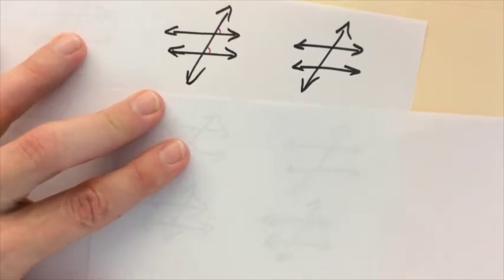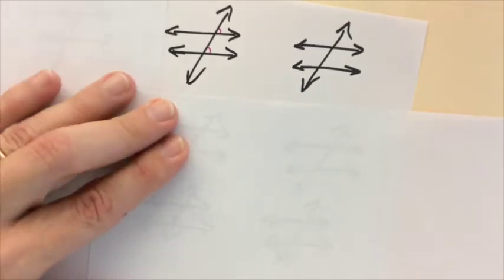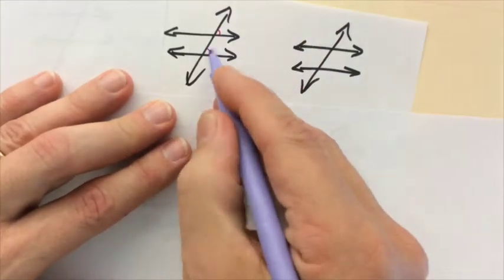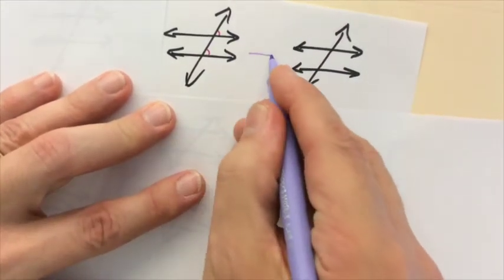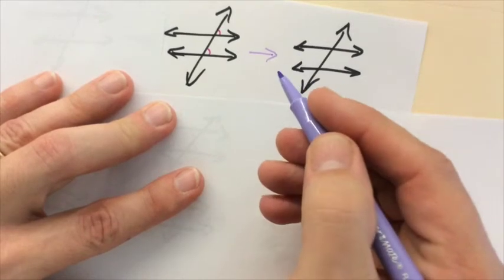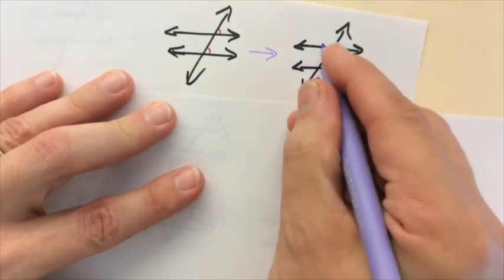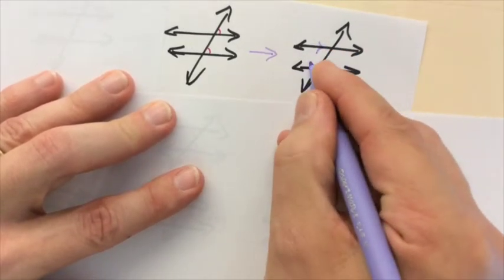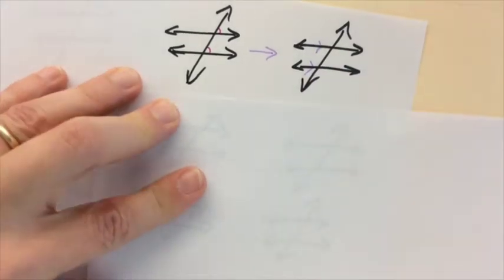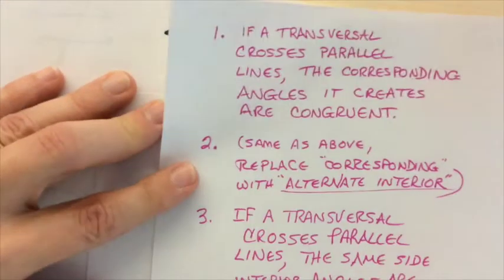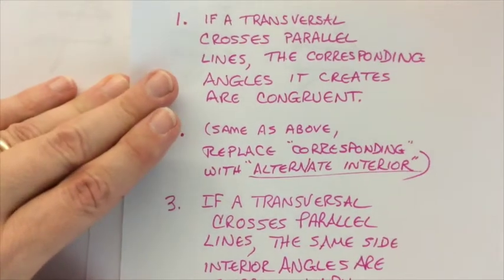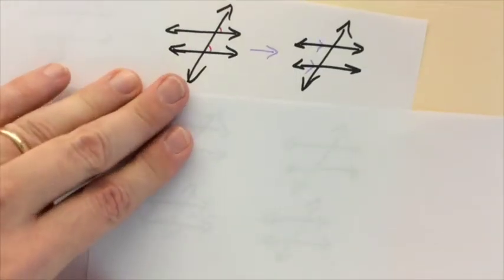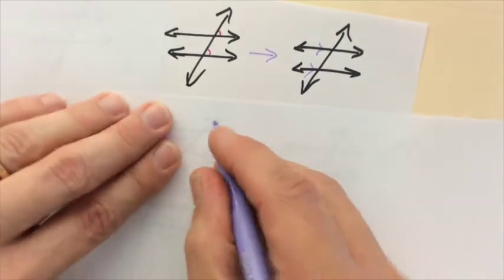What happens if I don't know the lines are parallel, but I find out that the corresponding angles are congruent? What does that tell me? The lines are parallel. That's a new fact.